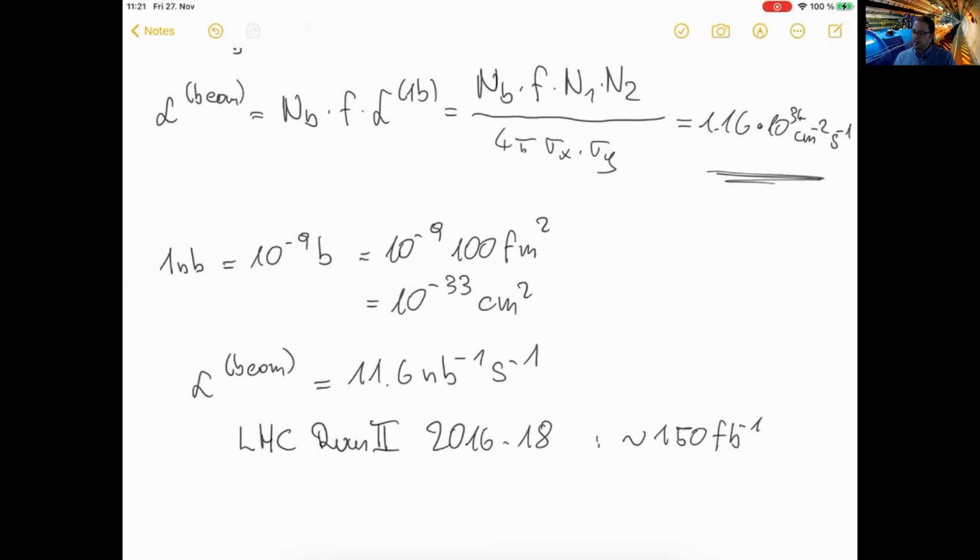So if you multiply this integrated luminosity with your favorite production cross-section, you will arrive at a number of events for the process, and then you can start analyzing the data and try to understand what has happened.